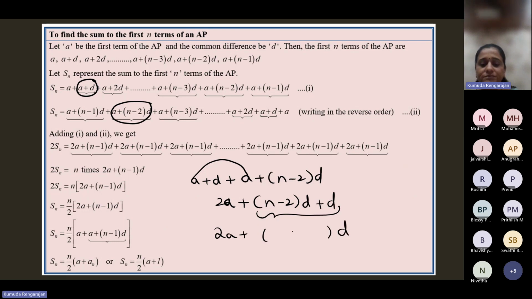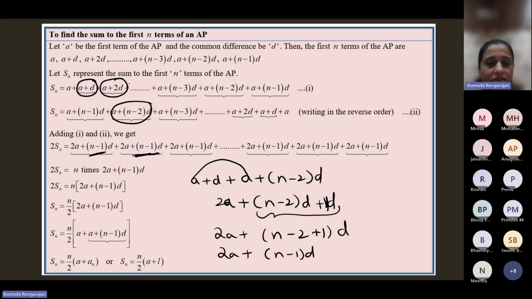So you have n minus 2 plus 1. So 2a plus n minus 1, because minus 2 plus 1 is minus 1, into d. See, again, same thing: 2a plus n minus 1 into d, what we got earlier.